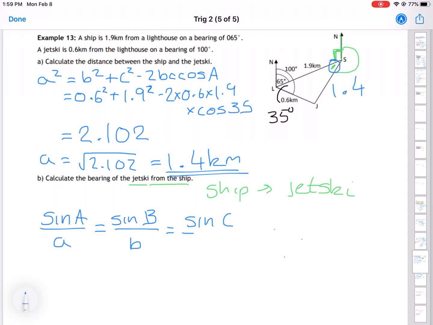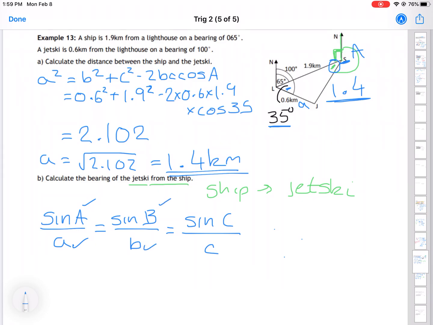Sine C over C. So what I want to find is this angle up here, so we'll say that's A. I've got the side A then, that's 0.6. And I need one other side and angle combination. There's an angle in here of 35, and there's a side that corresponds to that of 1.4.